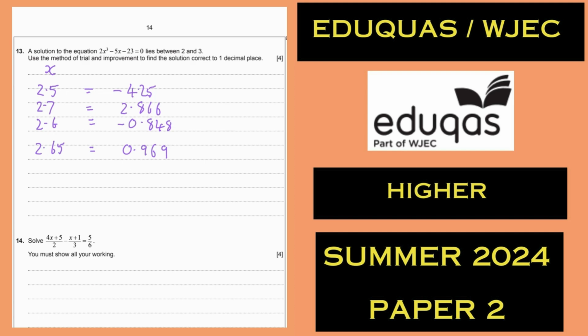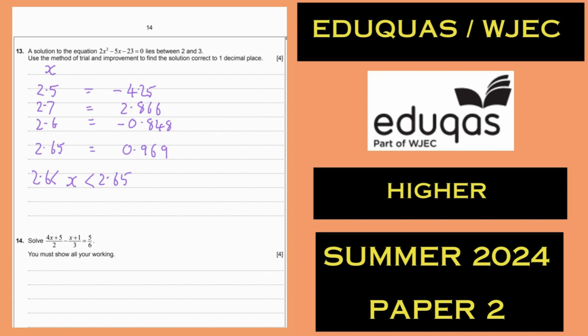We know that 2.65 is above 0. In other words, it's too big, which means the answer must be smaller, or to put it in inequalities, the correct value of x that we're after has to be smaller than 2.65, but bigger than 2.6. So it could be 2.61, 62, 63, 64, whatever.